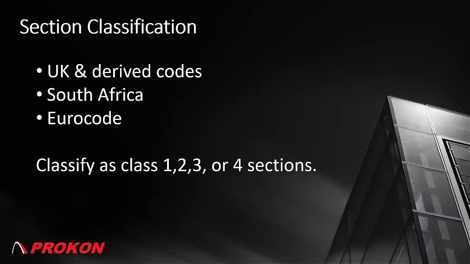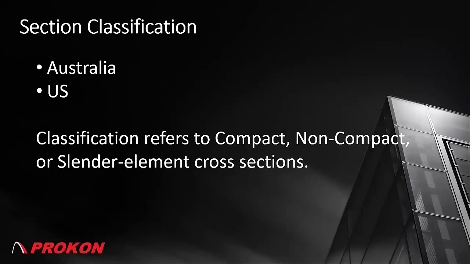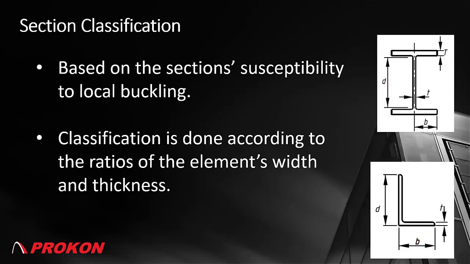The Eurocode and codes derived from the British design codes classify sections as Class 1, 2, 3 or Class 4 sections, whereas for codes from Australia and the US, their classification refers to compact, non-compact, or slender element cross-sections, where the slender element cross-section is similar to the Class 4 sections. These classifications are based on the section's susceptibility to local buckling, and classification is done according to the ratios of the element's widths and thicknesses.